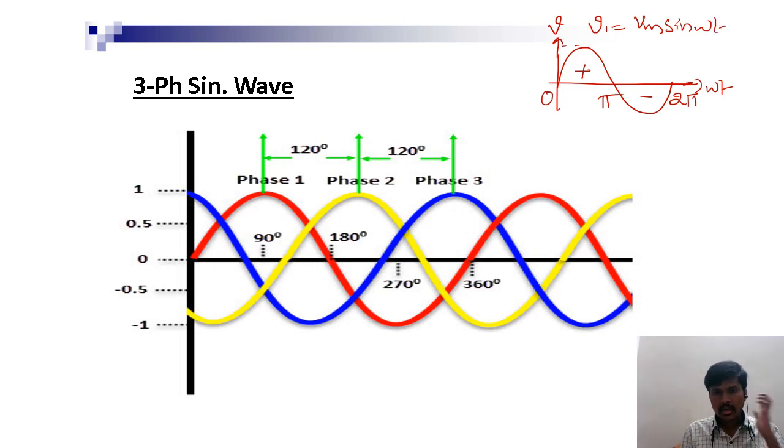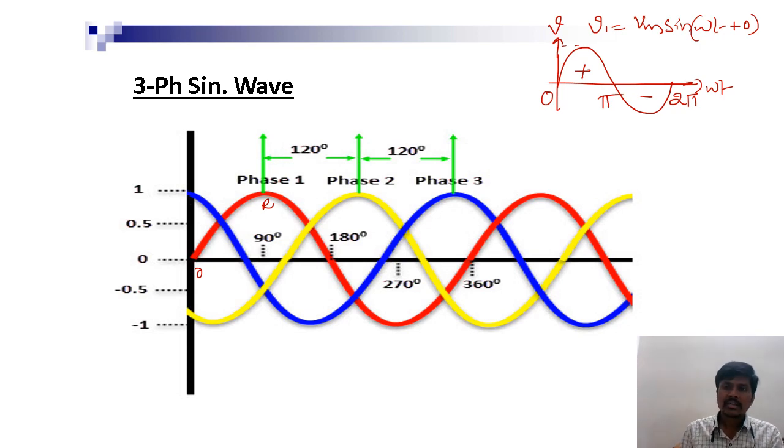Let us take the first one. Red is the first one, starting at 0 degrees. Vm sin omega t plus or minus 0 means the phase angle of this expression is 0 degrees.